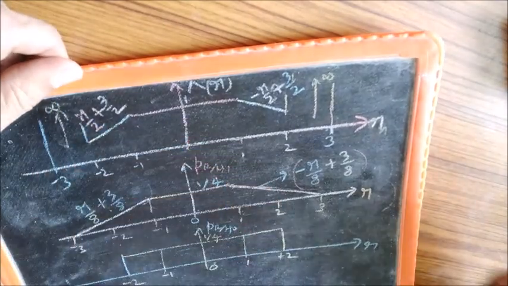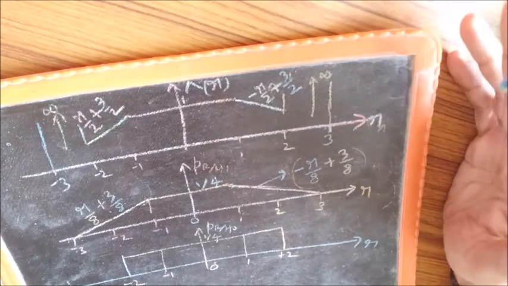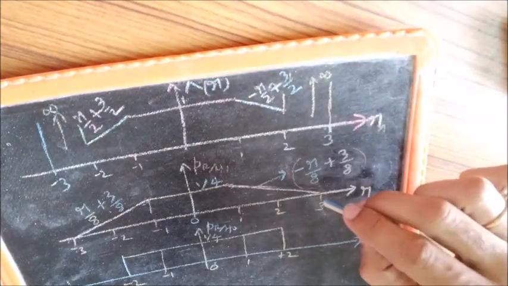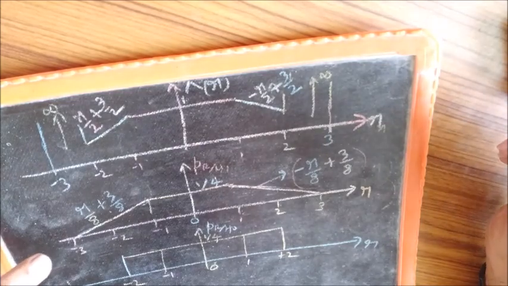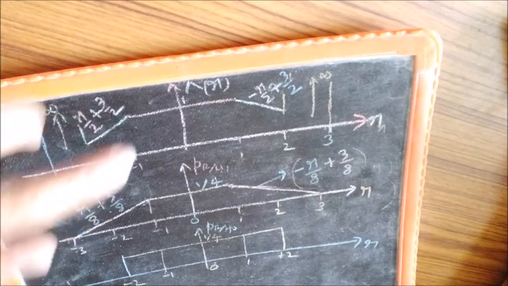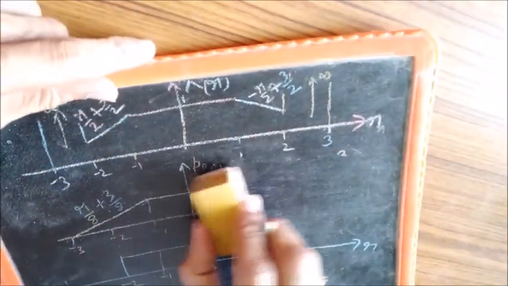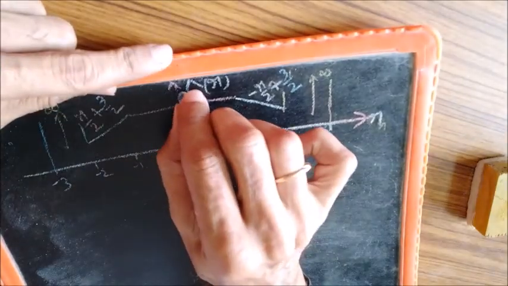And beyond 3, there is no relevance for R, because the maximum value R can take is 3, and the minimum value it can take is minus 3. So R ranges from 3 to minus 3, so we stop here. This is the likelihood ratio.